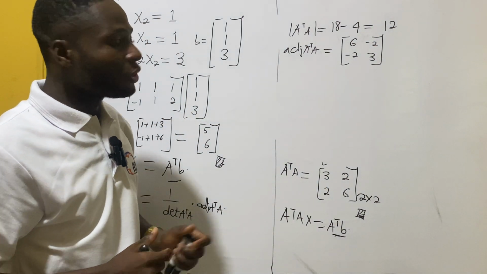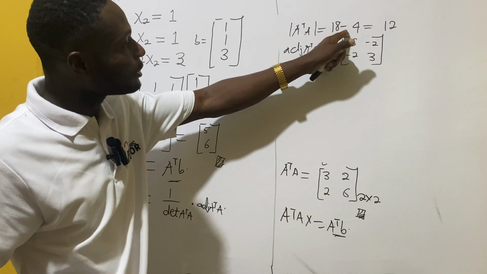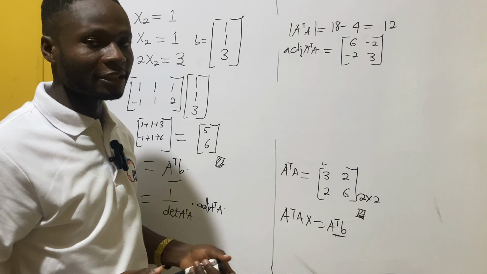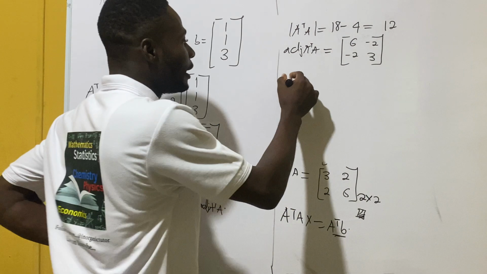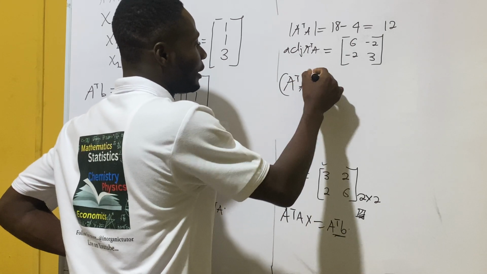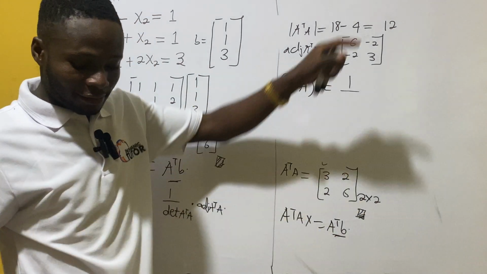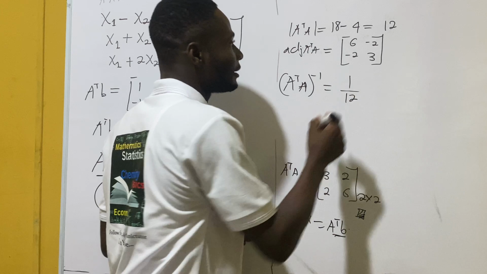So what do we do next? Once we have the determinant and we have the adjoint, we can go ahead and find the inverse of A transpose A. So A transpose A, its inverse will be equal to 1 over the determinant, which is 12.